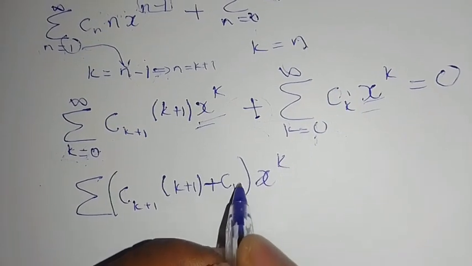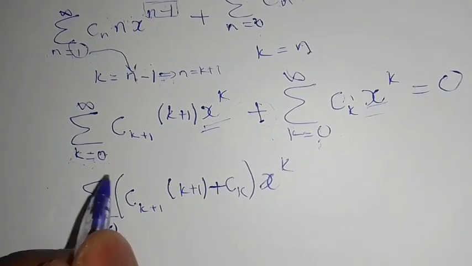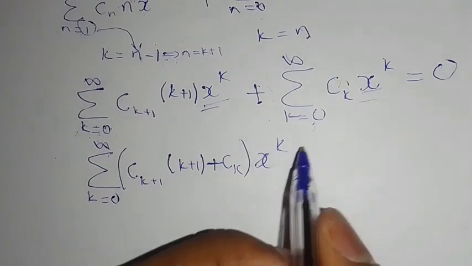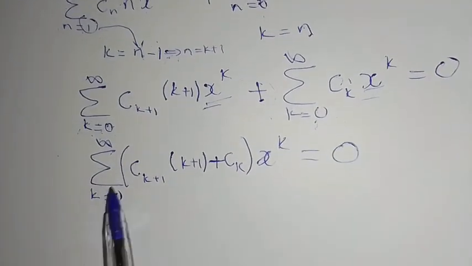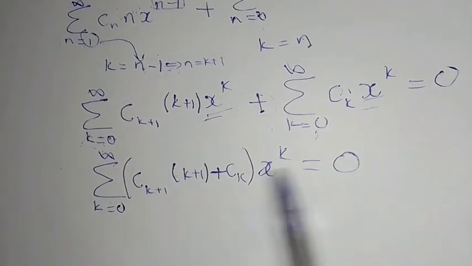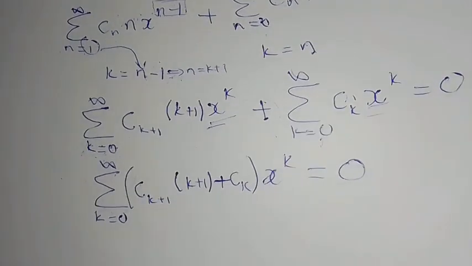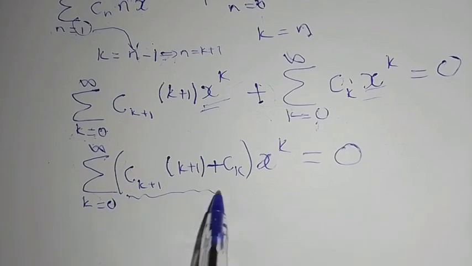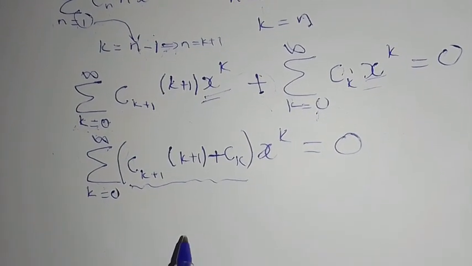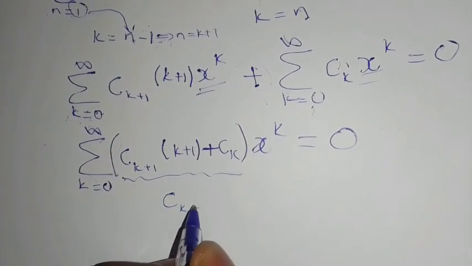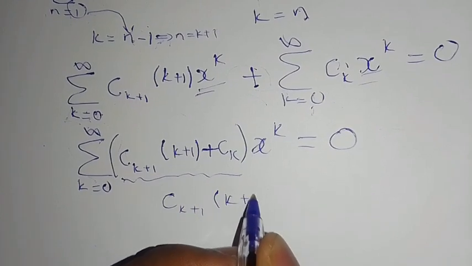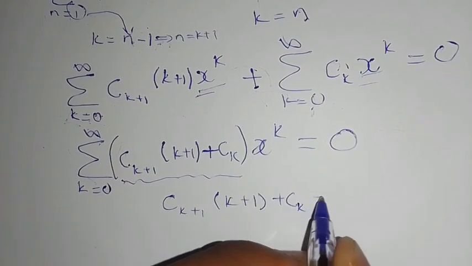Remember, k goes from 0 to infinity there. So this equals 0. So the summation of an infinite number of terms gives us 0. Now we disregard x to the k, because x can be anything. That means we set this inside part equal to 0 for every k. So c subscript k plus 1 multiplied by k plus 1, plus c subscript k, equals 0.